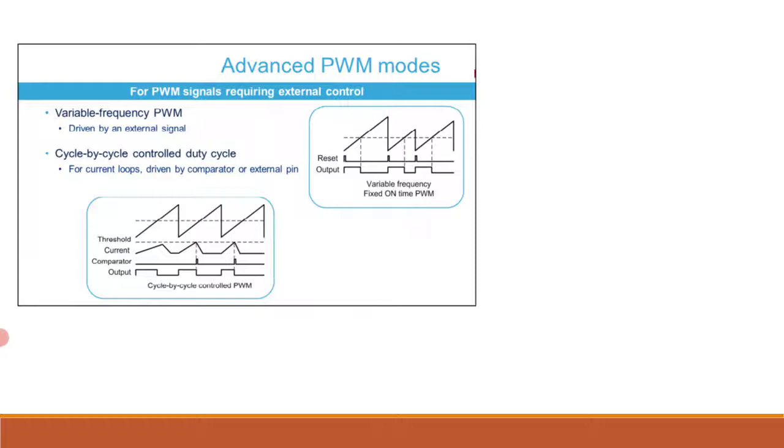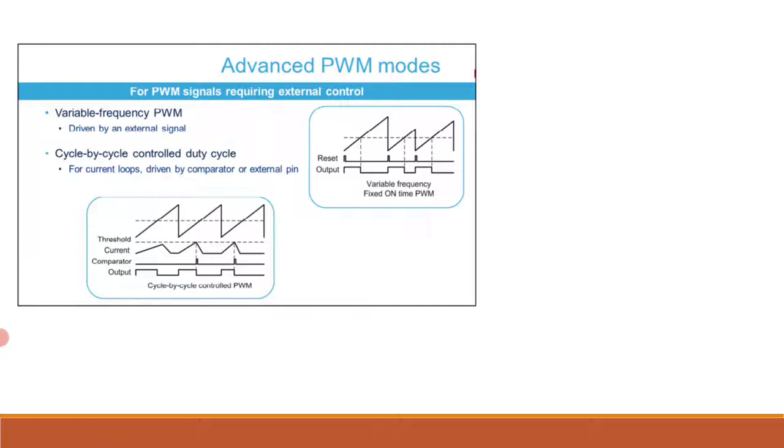Another mode for the timer is to have the duty cycle controlled by hardware with either an on-chip comparator or an off-chip signal. The PWM operates at a fixed frequency. The maximum duty cycle is set by the compare register and the actual value controlled cycle by cycle. This is used for applications requiring current control PWMs, typically for driving DC motors or solenoids.